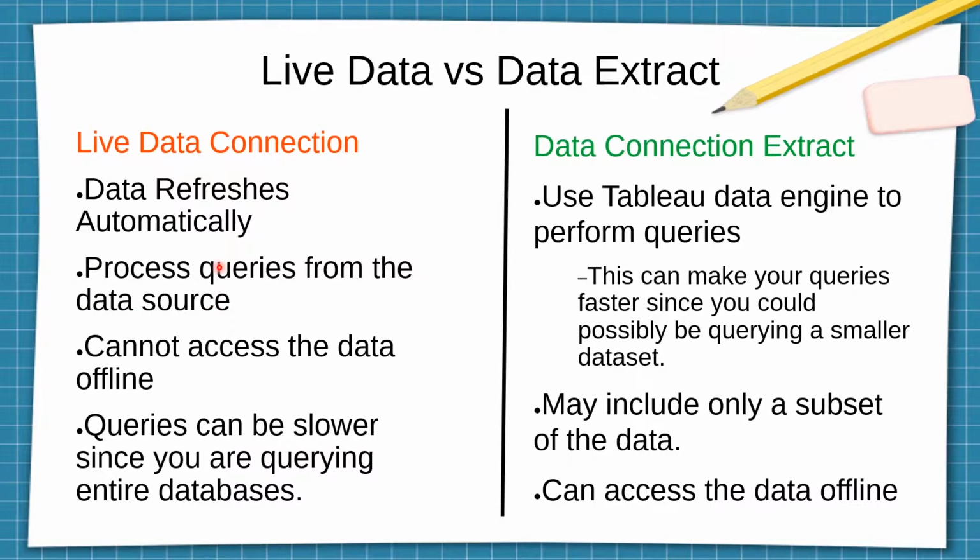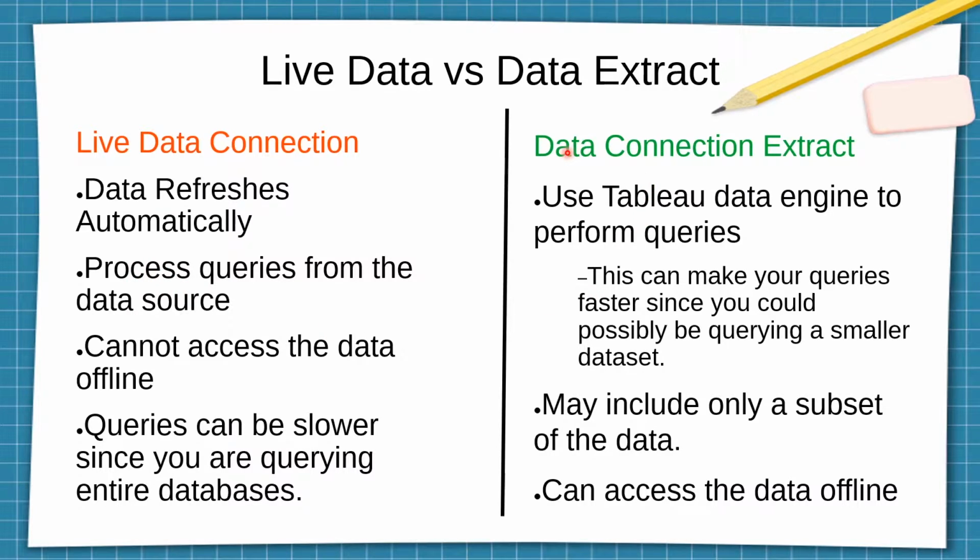The problem with sending all your calculations and all your queries to the original data source is that if your original data is really big, then it can slow down your request and it can slow down your visualization. It can slow down your workbook overall. So that's one of the downsides of running queries in the original data source.